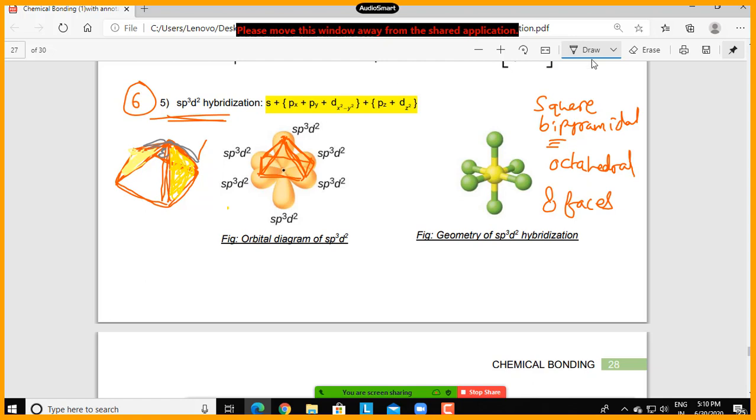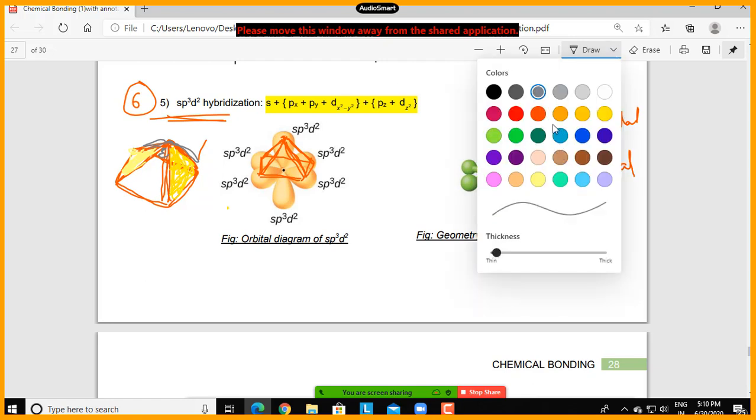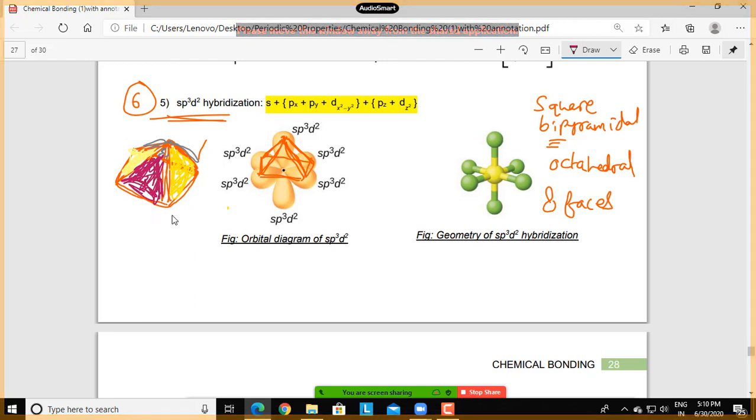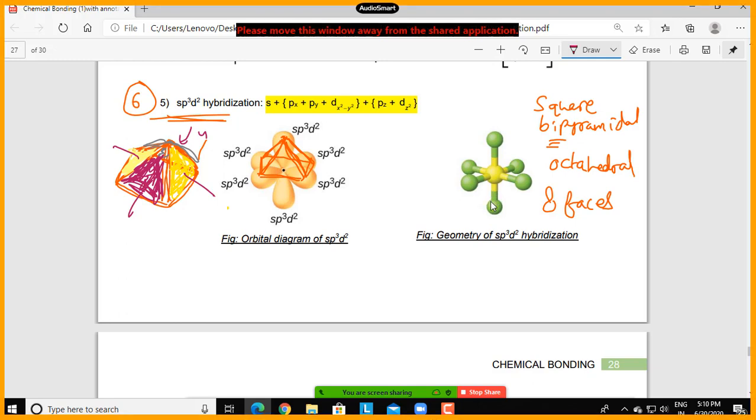So 1, 2, 3, and you will have the front side one face. Is it clear? So in one square pyramidal you have 4 faces, and below it 4 faces. So 4 plus 4, you will have 8 faces.